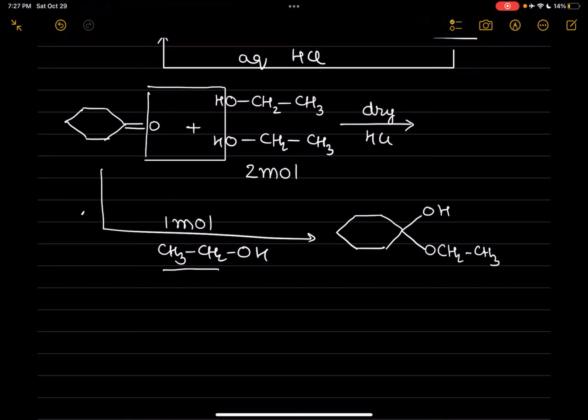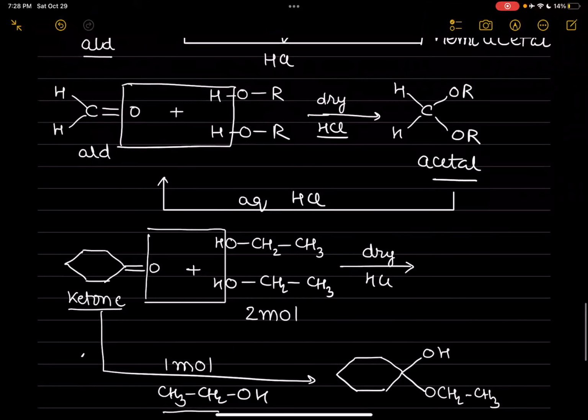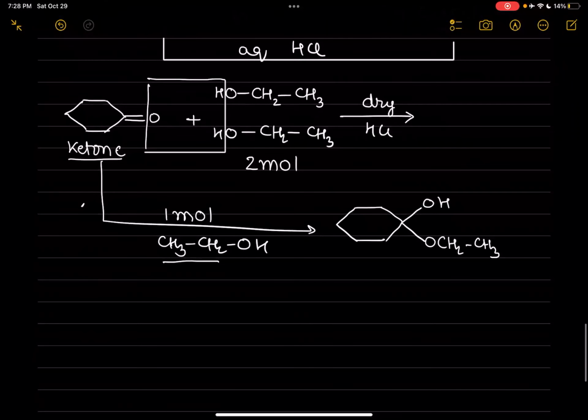Okay, so this was ketone. So the product will be known as what? Tell me. Is it a ketal? For aldehydes, it was acetal. Okay, for ketone, it was ketal. But my question is, is it hemiketal or complete ketal?